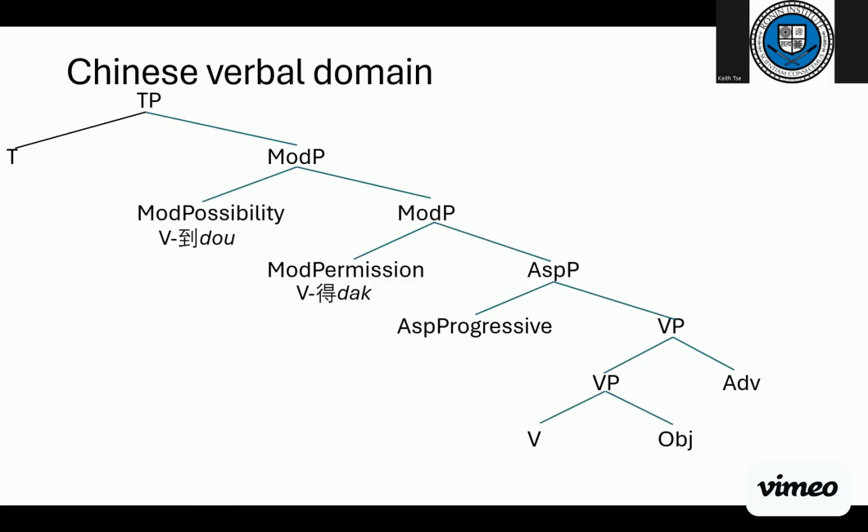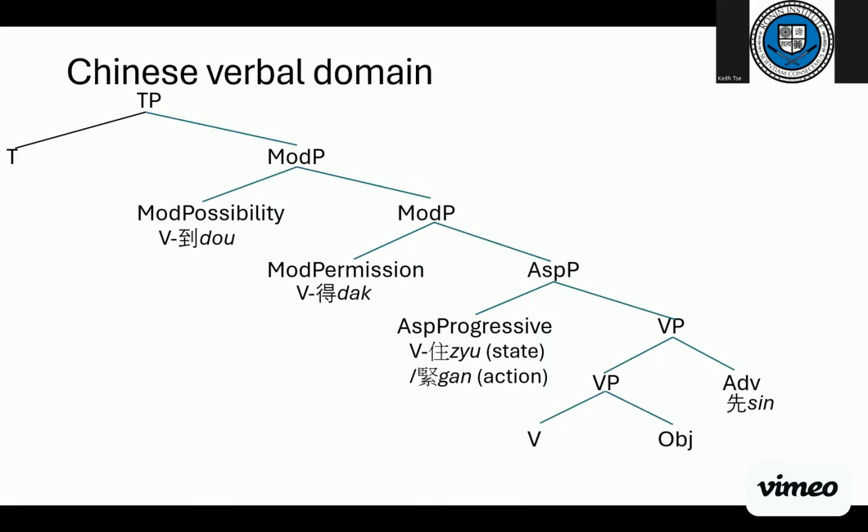Verb 到 means possibility, but verb 得 means permission. And then we also saw that there are two forms of the progressive aspect, verb 句 which applies to state, and verb 緊 which applies to action. So this is again different from standard Mandarin.